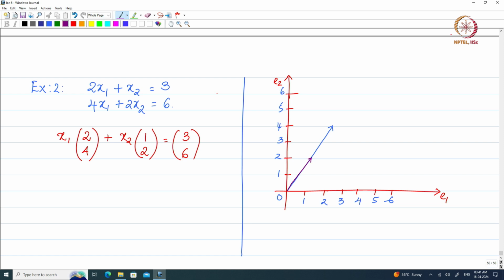The third vector that we are looking for is 3 6, and the 3 6 vector is going to be along this direction.